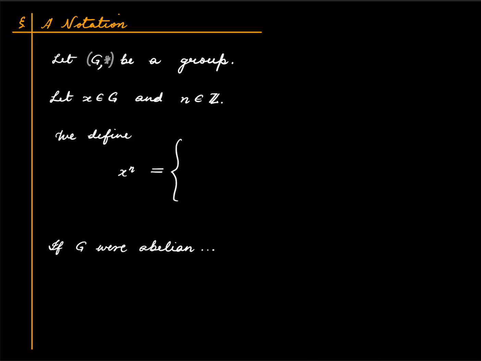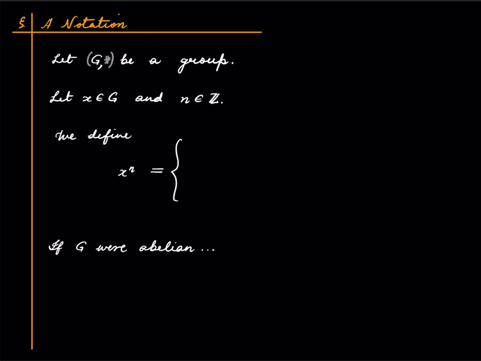We completely forego writing that because it gets cumbersome. So we should get into this habit right from the start, that when I write let G be a group, you should understand that there is some binary operation on it which we just do not write. We can write it, there is nothing wrong in writing it, but we should develop this practice of not writing it most of the time.